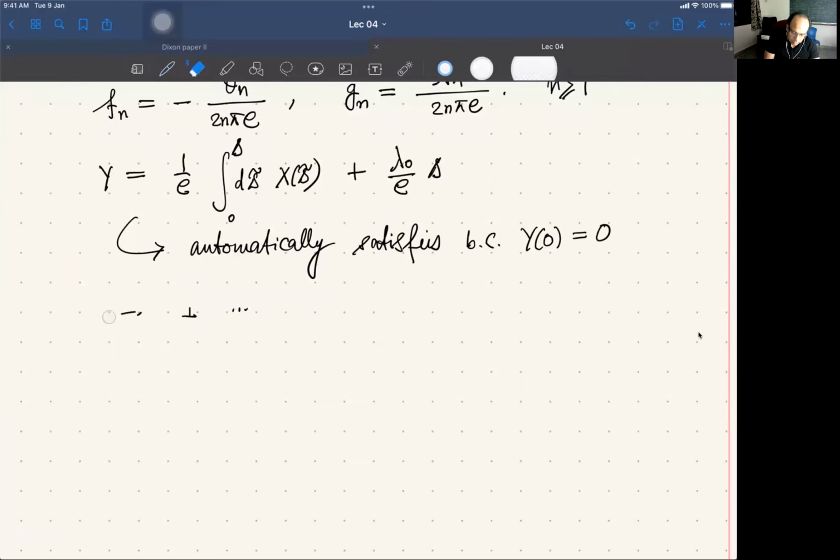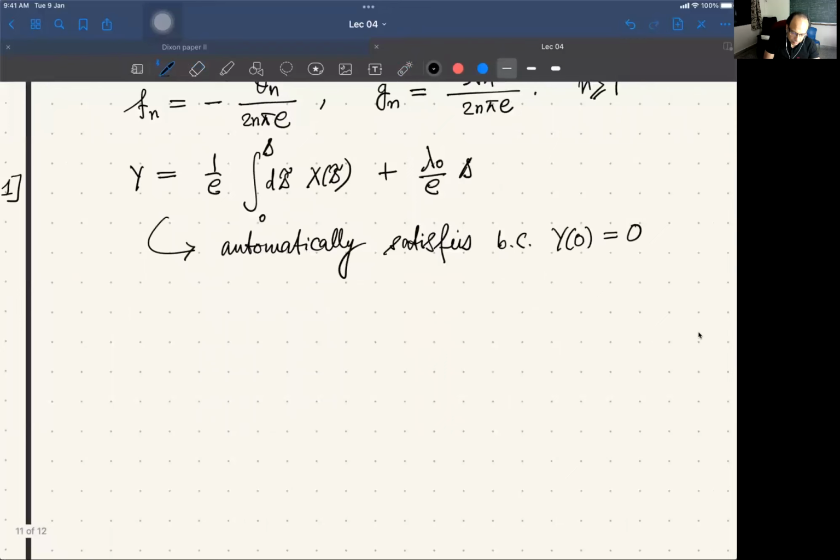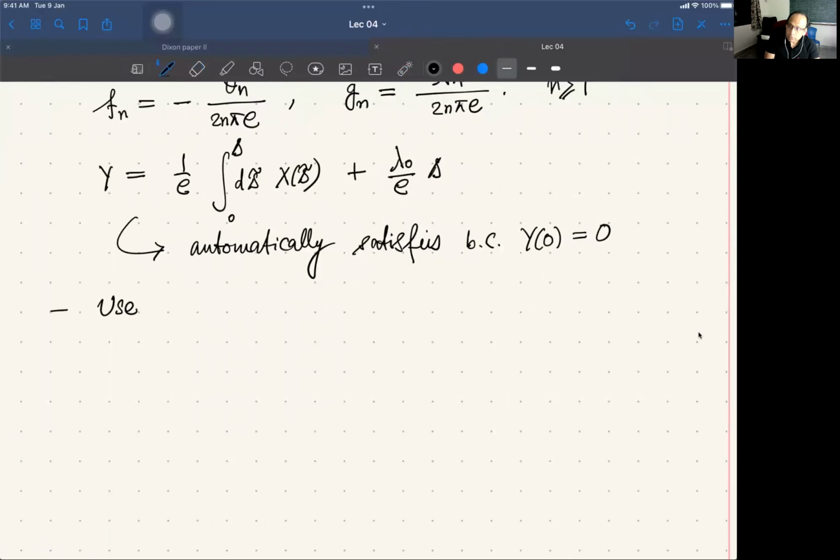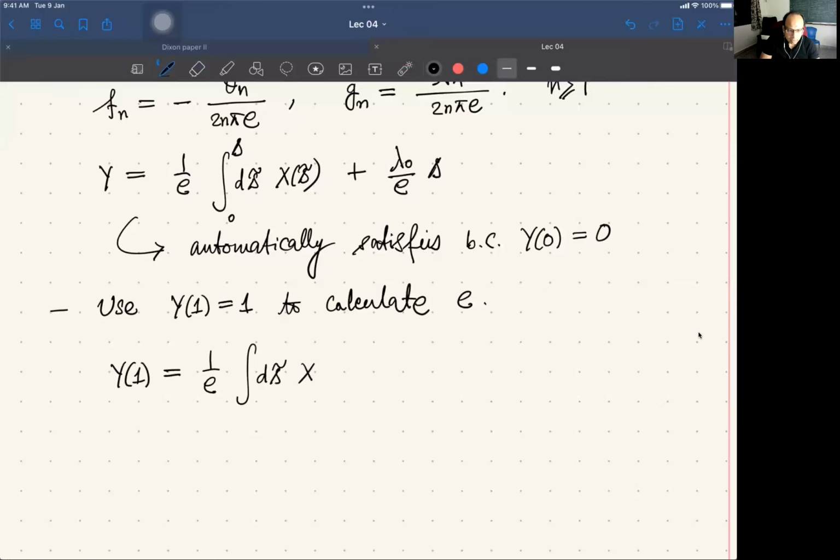So use y1 equal to 1 to calculate E. So y of 1 is equal to 1 over E integral ds tilde x of s tilde from 0 to 1 plus lambda 0 over E, with s equal to 1.